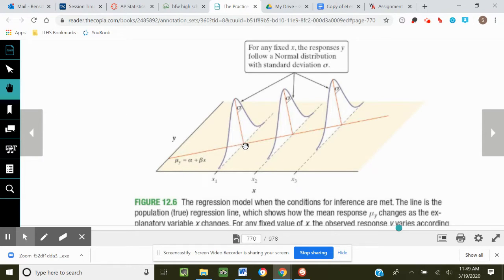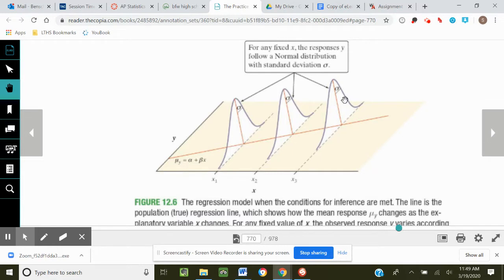Here's the mean of this distribution, the mean of the Y values for this X value. Here's the mean of the Y values for this X value, the mean of the Y values for this X value, and notice they all fall on that line. Okay. Since we have normal distributions, notice that for any X value, the spread should also be pretty standard.